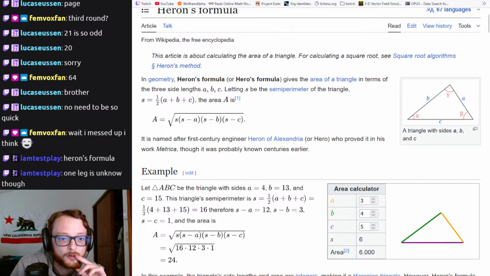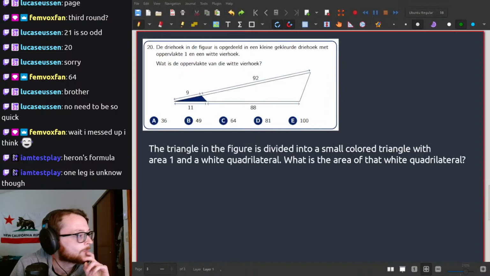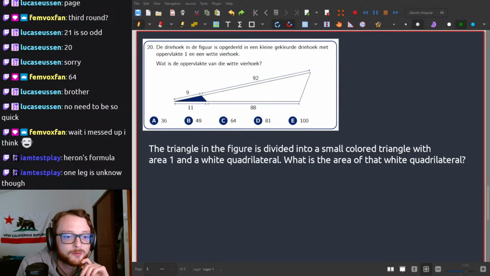We don't know the third side, right, though? Well, we can figure out this length here, though. That's possible.